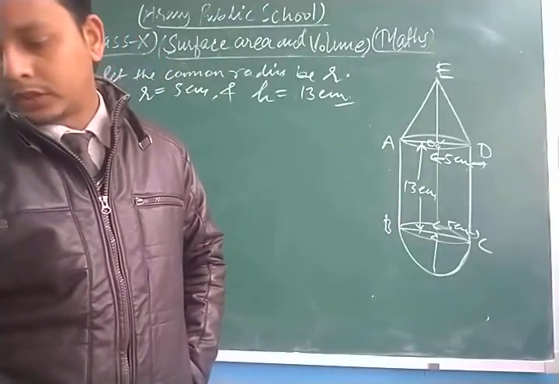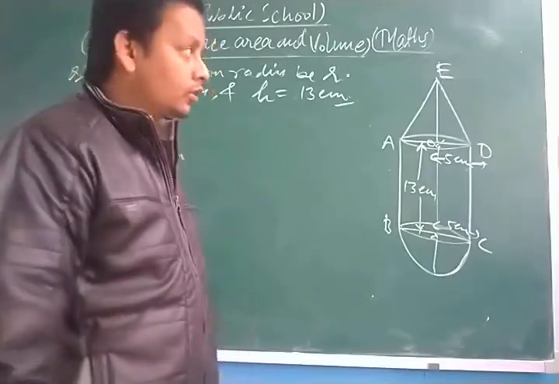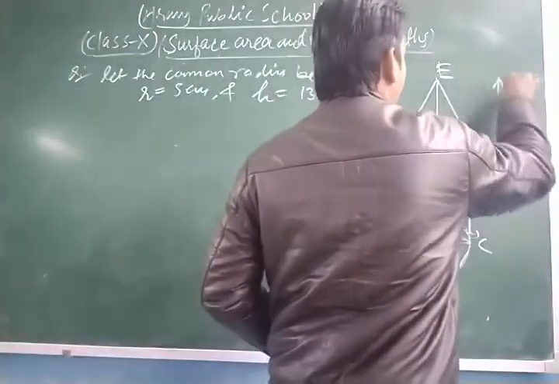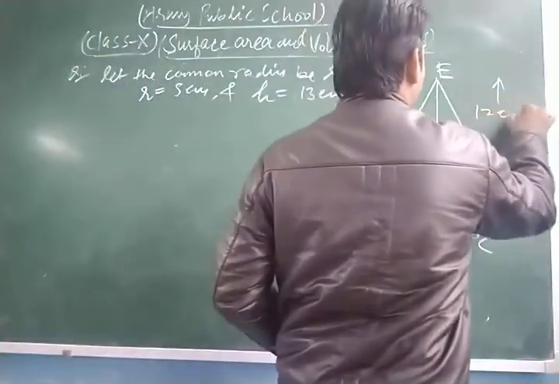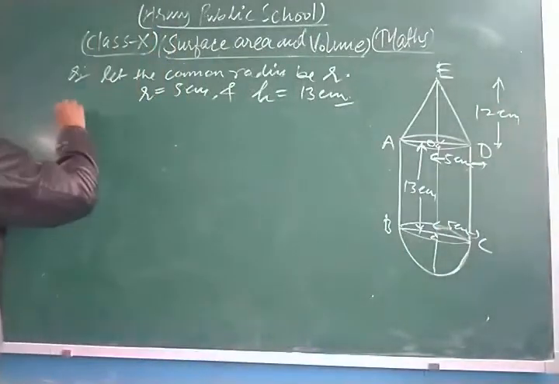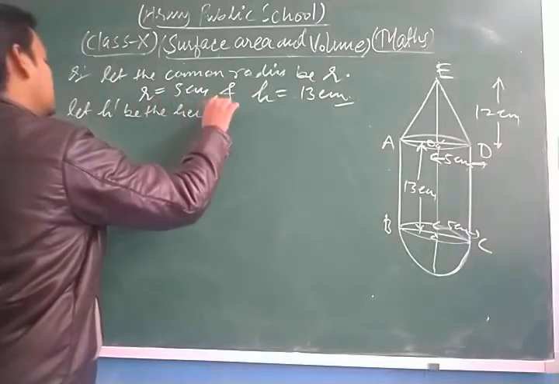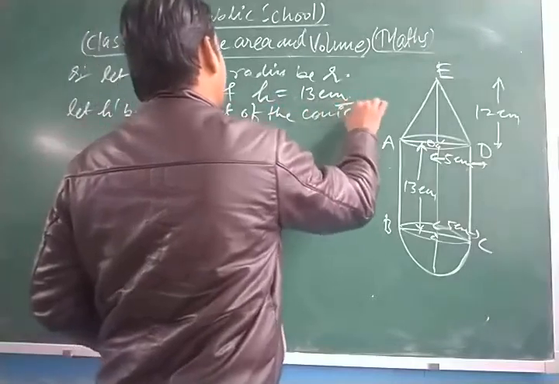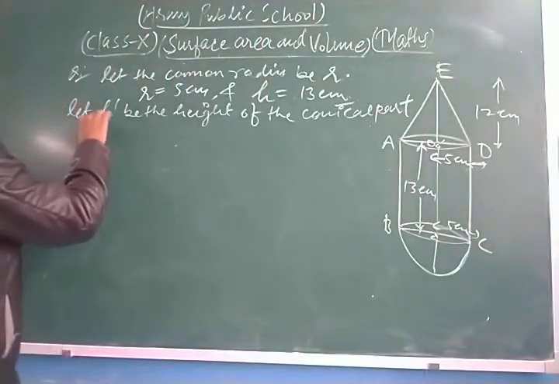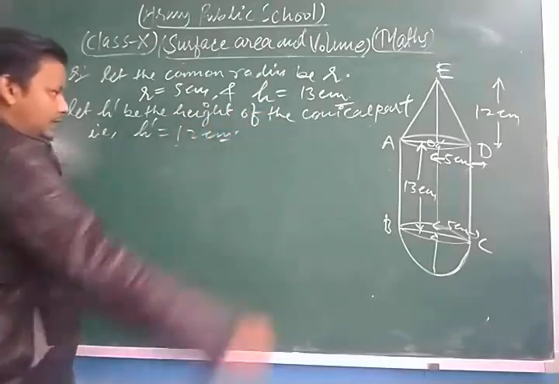Calculate the surface area of the toy if the height of the conical part is 12 centimeters. Let h be the height of the conical part, that is h is equal to 12 centimeters.